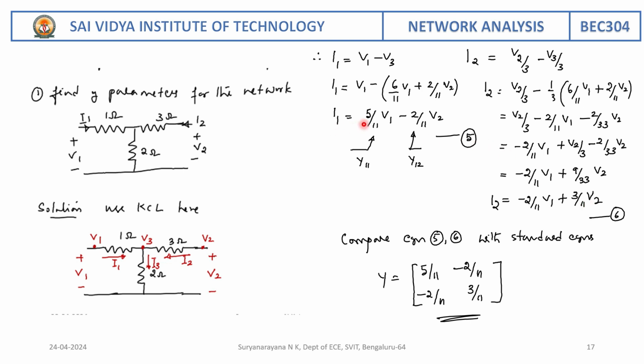So what are these? These are nothing but the Y parameters Y11, Y12, Y21 and Y22. So it is represented in terms of a matrix here.